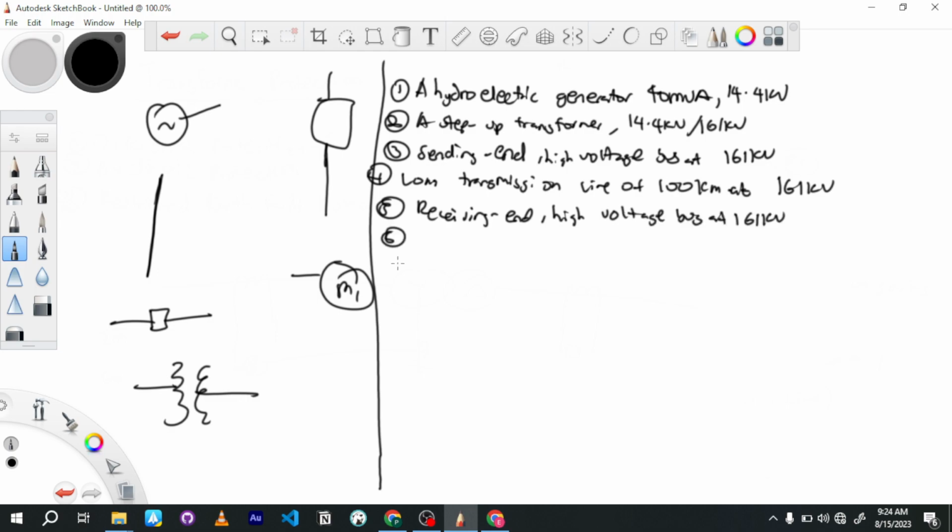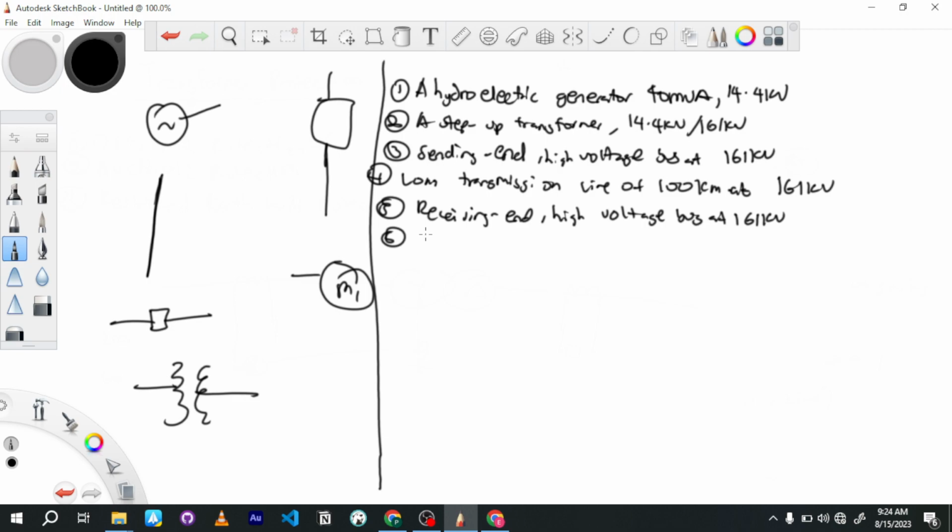The next thing is a step down transformer, 161 slash 11 kV.